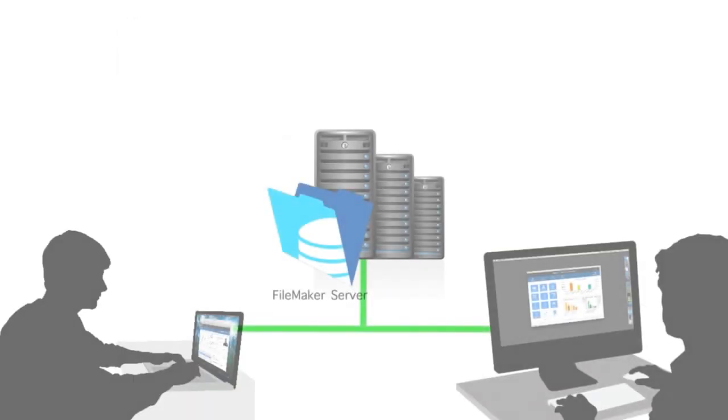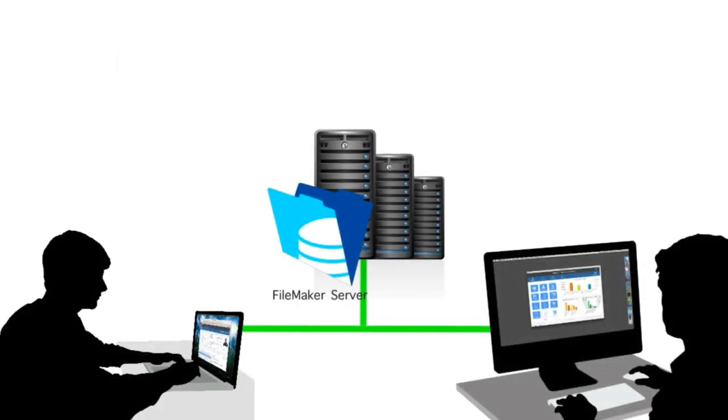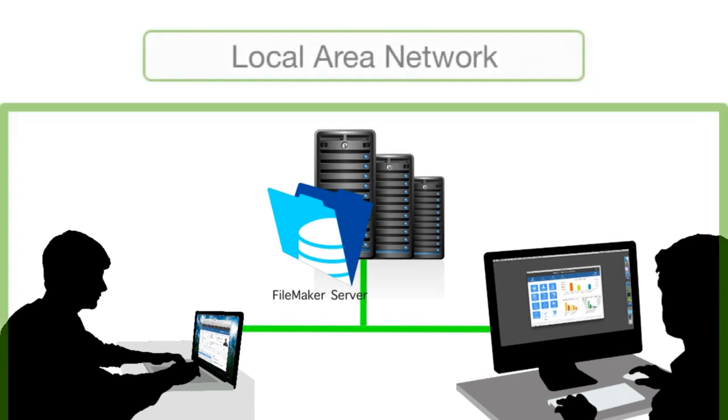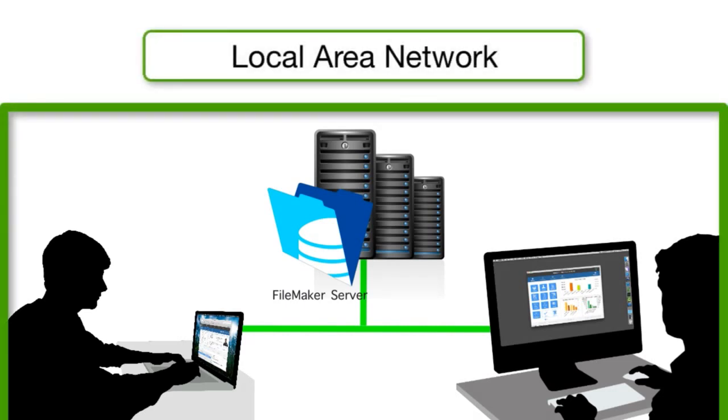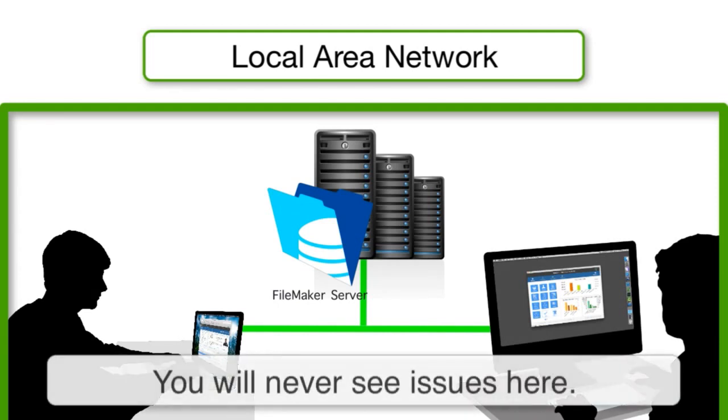Now keep in mind, if your FileMaker server and your users are running on a local area network, which means a network that's just within your office or your building, then you'll never see these performance issues because the network is so fast and robust, you never feel the weight of all these objects and XML.